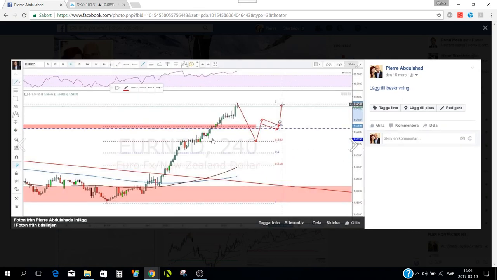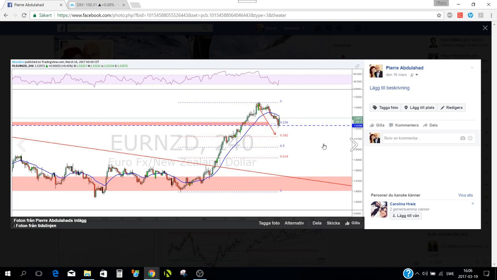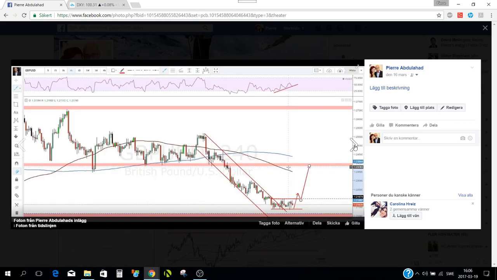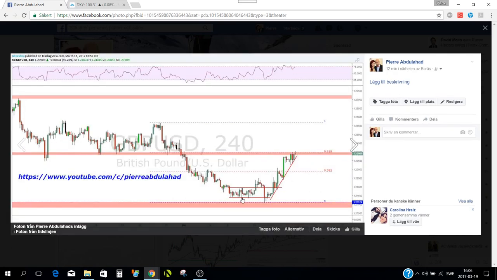And we talked about Euro New Zealand, about a retest and maybe a flag and continuation. So far we have the retest and one bounce up. And the British pound against the US dollar, I was talking about this structure down here, about a break and a retest and a continuation to this structure, and this is what we got on this pair too.